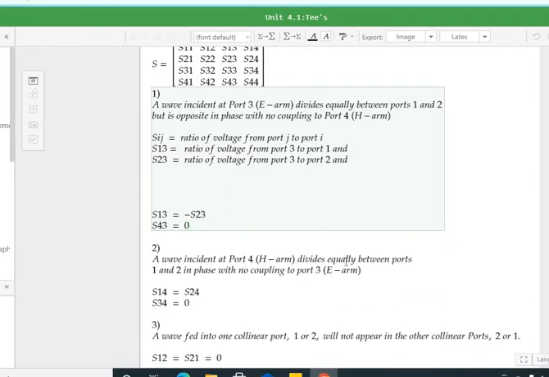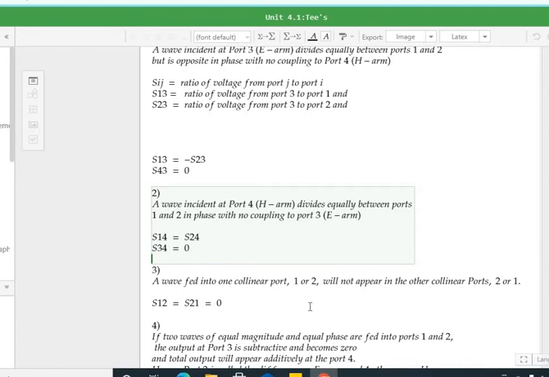Property number 2: a wave incident at port 4 gets divided equally between port 1 and port 2, and in phase. So S14 is equal to S24, and any input from port 4 does not couple with port 3. So S34 is equal to 0.